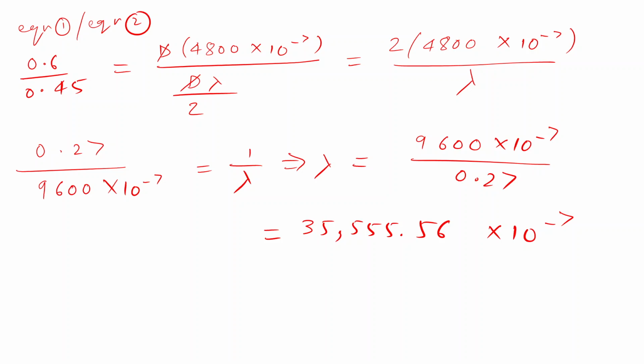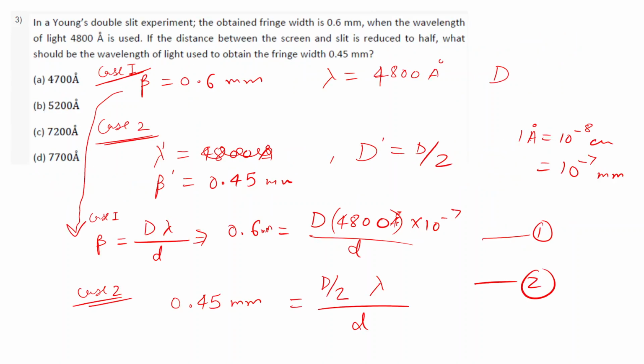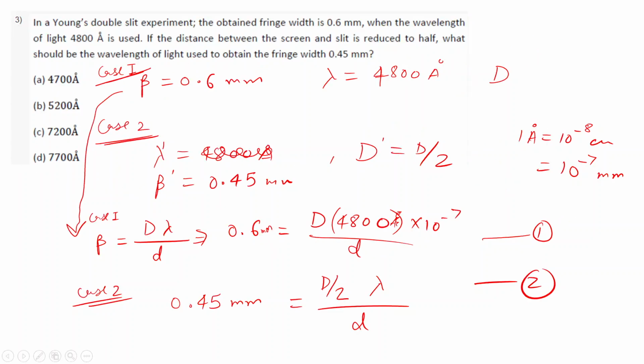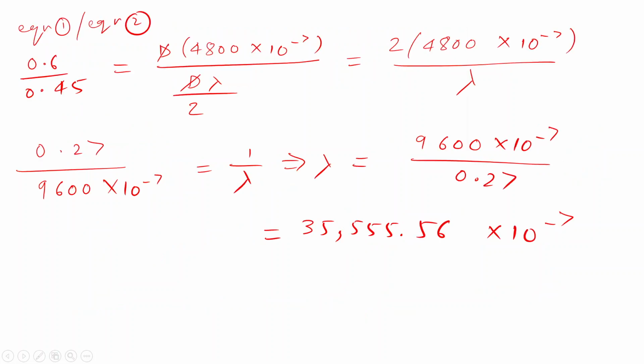Okay, again what is going wrong here? 0.6 is this, 0.45, then D multiplied by 4800.